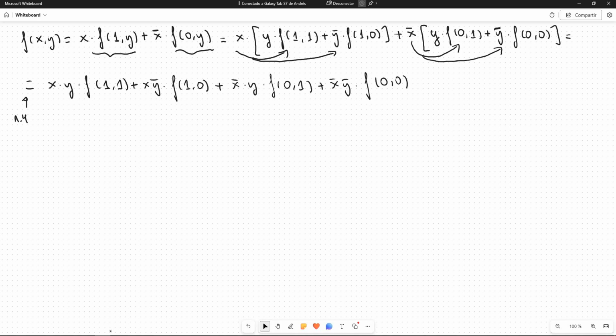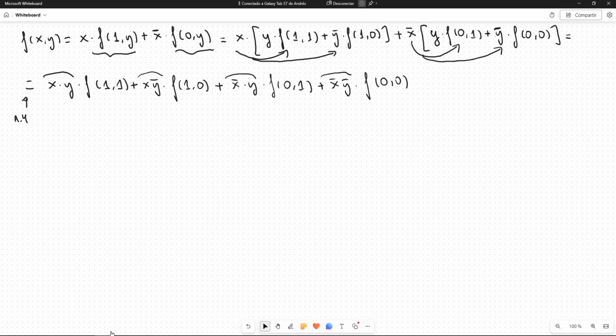This is the result of applying the Shannon expansion theorem. We are going to apply the Shannon theorem to every variable in the function, but step by step. So now have a look at the function. Have a look at the terms that are multiplying the function.